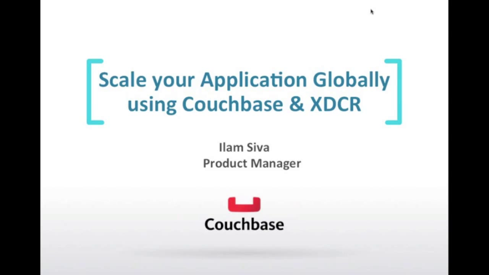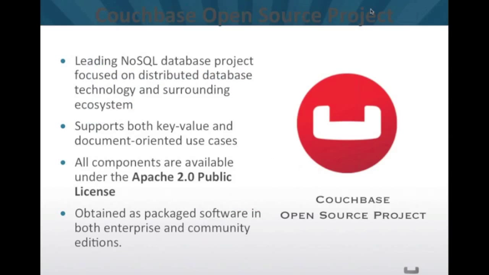So let's get started. At the outset, I apologize for the slide. I think the title just got a little messed up. But Couchbase is an open source project. We are a leading NoSQL project focusing on distributed database technology.